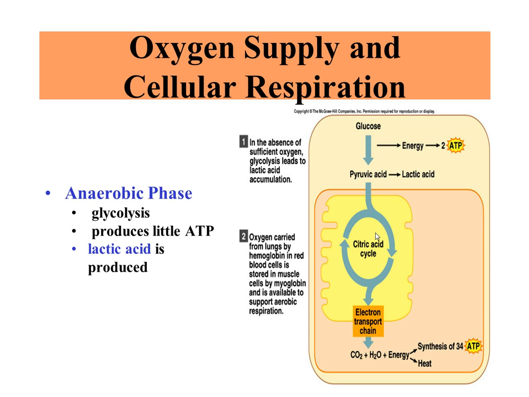And so you don't have enough oxygen to make a lot of ATPs from aerobic respiration in the mitochondria. It just takes more time, and the pyruvic acid, if oxygen's not present to continue down the citric acid cycle, will be converted to lactic acid.